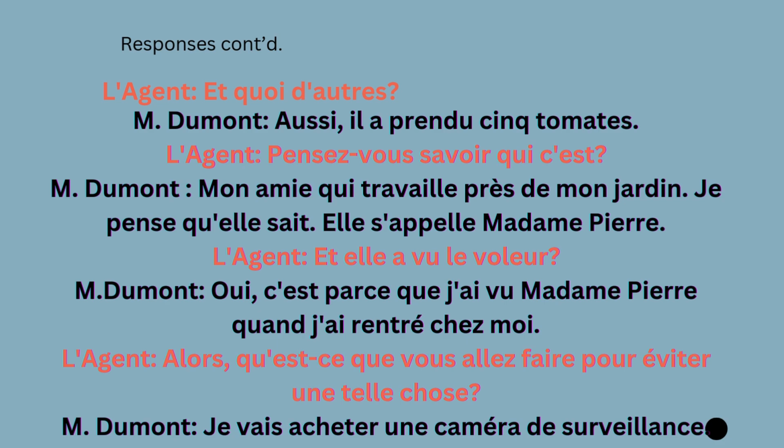Then we're going to look at the cues. There are a few things that the examiner instructed the students to give information on, such as description of the thief, the items that were being stolen, or the plans to avoid theft in the future.